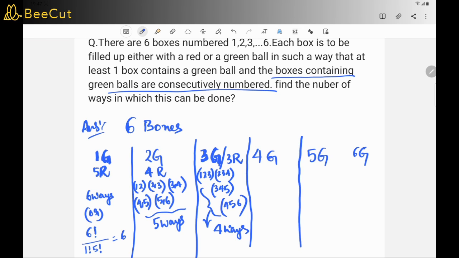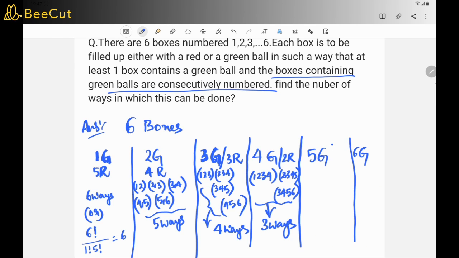Now assume there are 4 greens and 2 red, consecutively numbered. Greens can come in box numbers 1, 2, 3, 4, or 2, 3, 4, 5, or 3, 4, 5, 6. So this is 3 ways. Now there are 5 greens and 1 red.